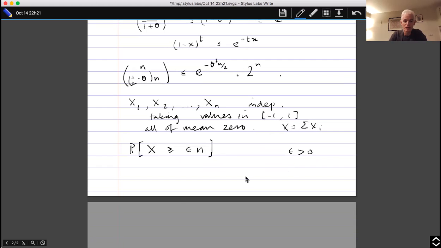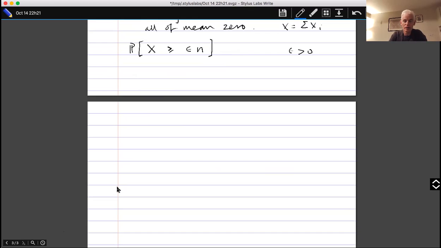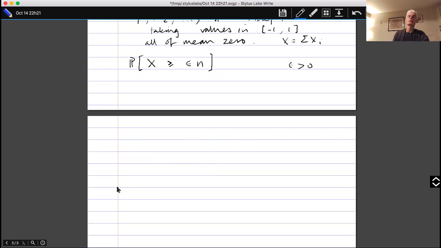Now, there's a trick for doing this and doing lots of other results of this kind, which is to work out something called exponential moments and then to use Markov's inequality. So if you don't know what that is, just watch on and you'll see.